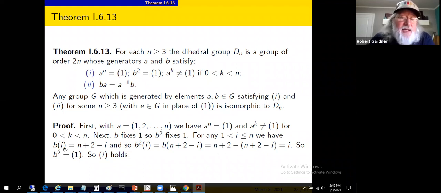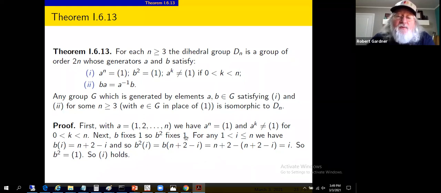I mean, B takes an entry to n plus 2 minus the entry, unless you input 1. So we get first applying B to this symbol, n plus 2 minus I, and over the range, we're not getting a 1 here. And then this is mapped to n plus 2 minus I, cancellation, we get I.